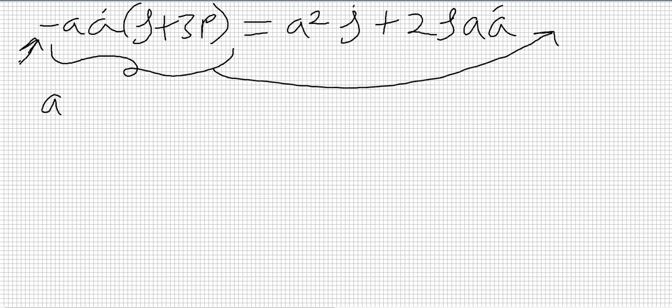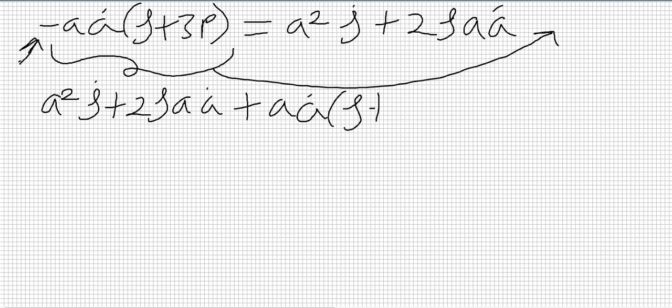So we have a squared rho dot plus 2 rho a dot plus a dot into rho plus 3p is equal to 0. And as you can see, the equation is slowly starting to be in the form of the energy continuity equation.